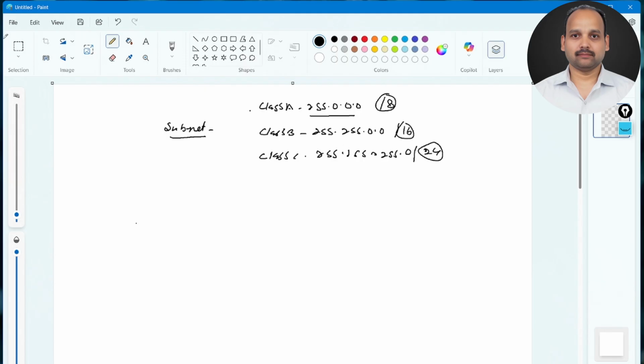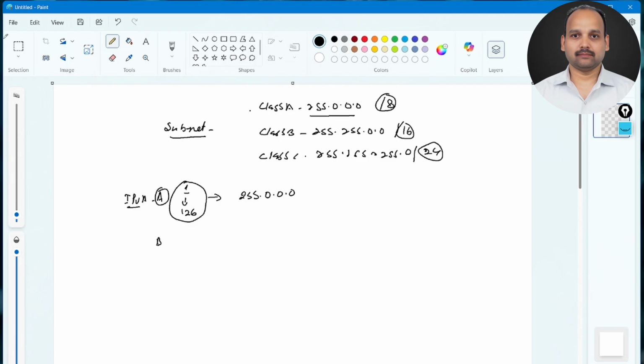By default, that means if your IP address is class A, if you write from 1 to 126 in the first octet, your subnet is going to take 255.0.0.0 because this is the class A range.